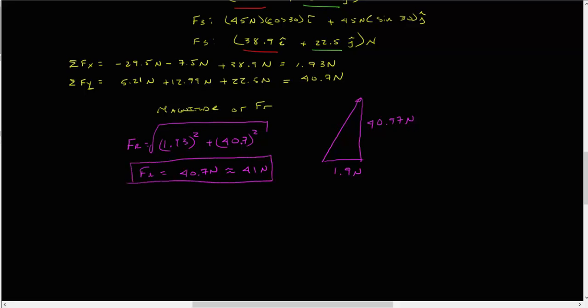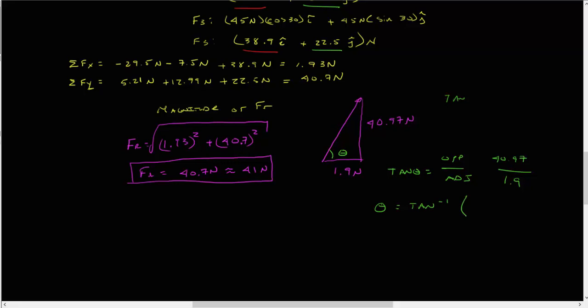And easy enough, we can solve for theta. Tangent theta is equal to the opposite over the adjacent, or 40.7 divided by 1.93. So theta is going to equal arc tangent. I'm sorry, that's right, tangent is opposite over adjacent.